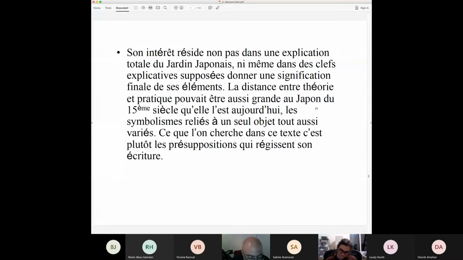What did this author believe was true in order to write this text the way that he wrote it? What are, in fact, the beliefs that structure his text? It's these beliefs that we're going to try to understand.